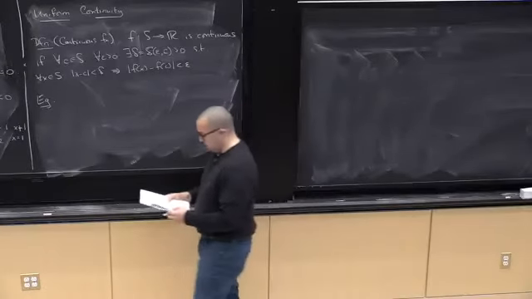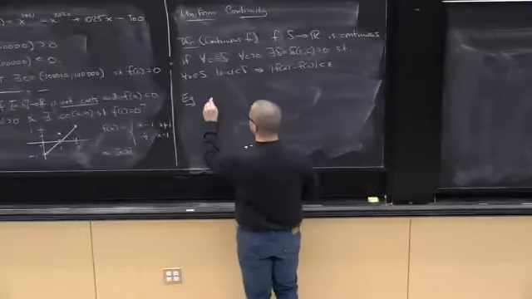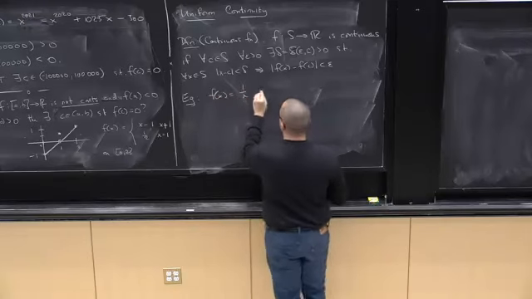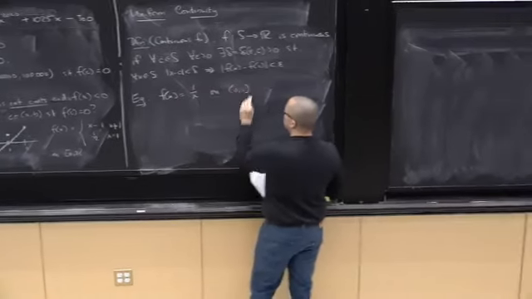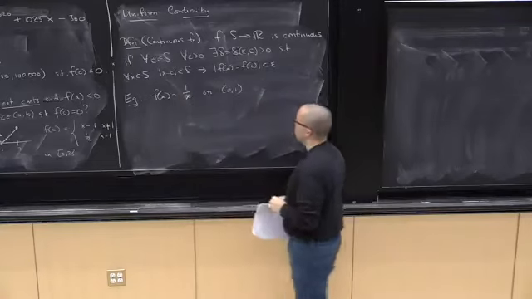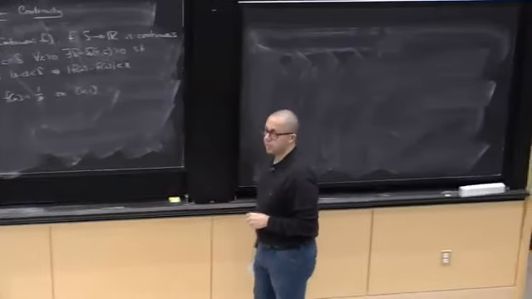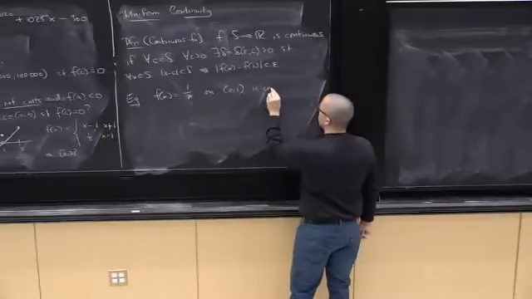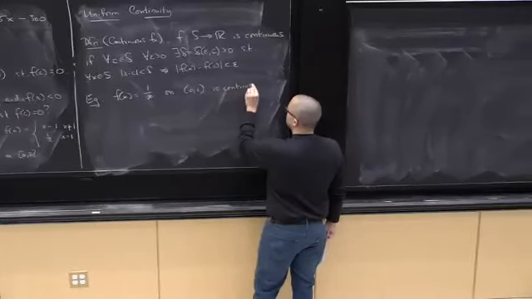So for a simple example, let's take f of x equals 1 over x on the open interval (0, 1). Okay, so I claim f of x equals 1 over x is continuous.